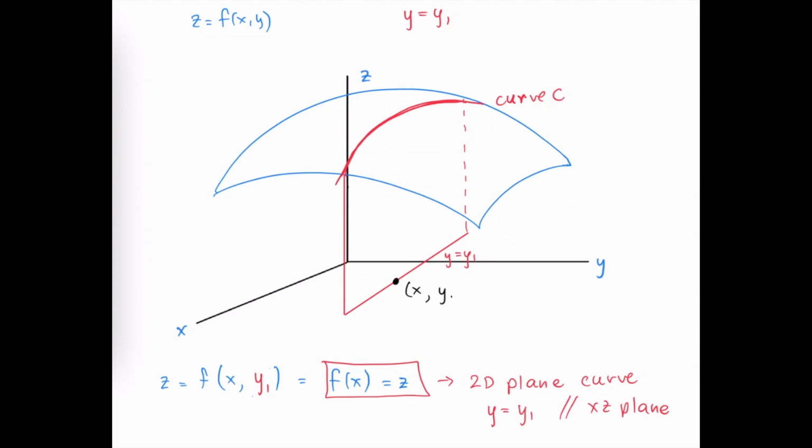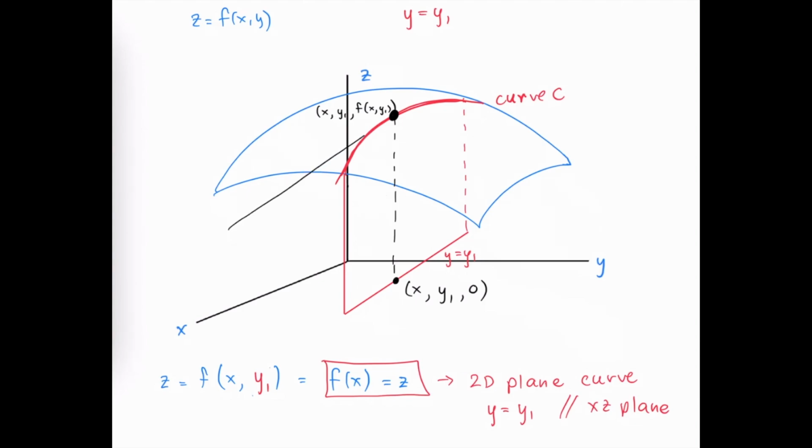The y coordinate here is going to be the constant y value because we're in this constant y plane, and if I'm in the floor, the z coordinate would be 0. So let's fly this point up to that intersection curve, and we get an ordered triple that's on that curve and on the surface. The partial derivative of this function with respect to x is going to give us the slope of the line that is tangent to this intersection curve at that point.